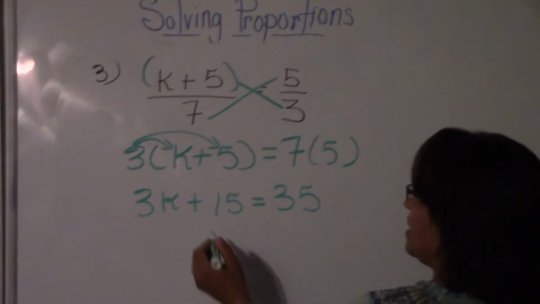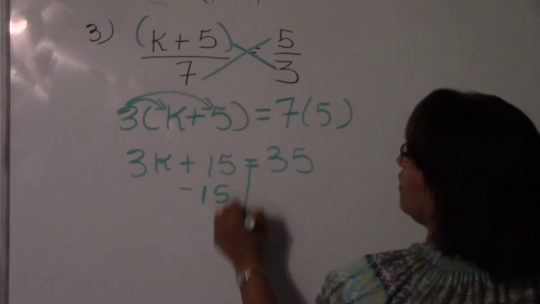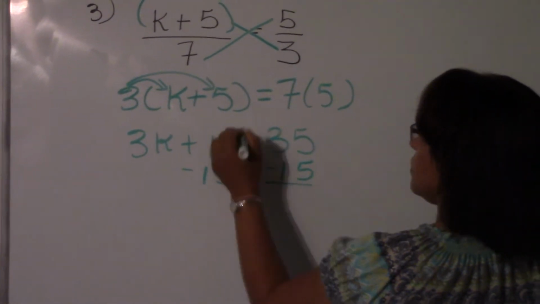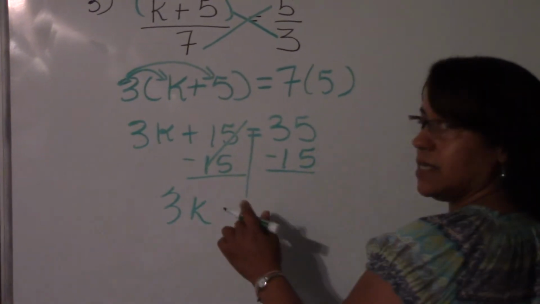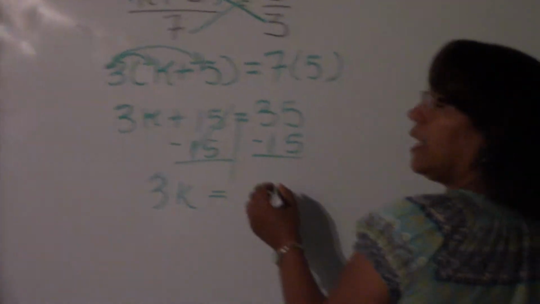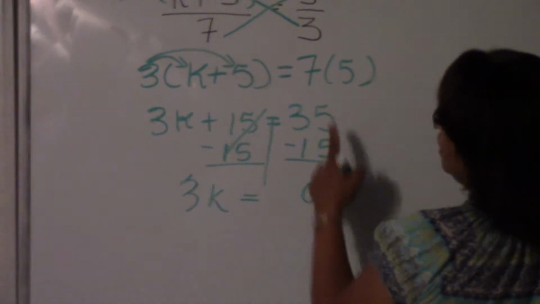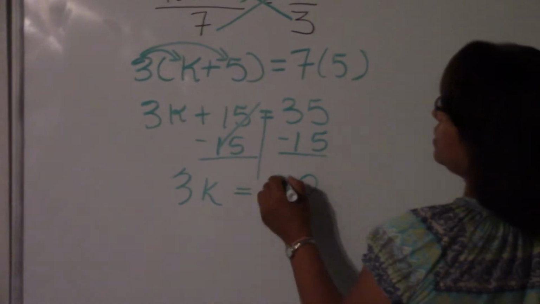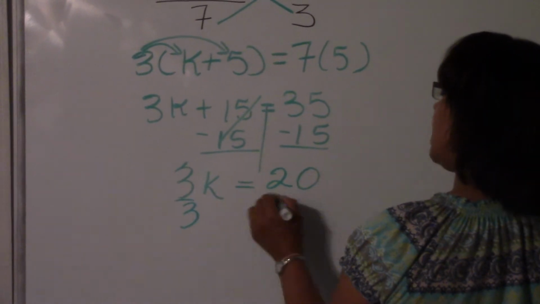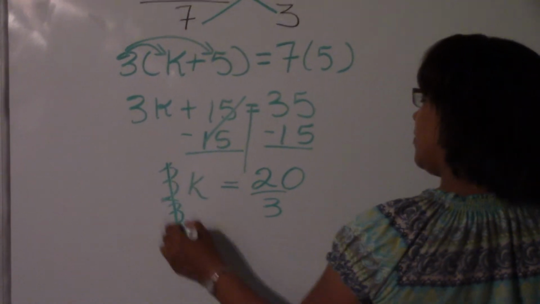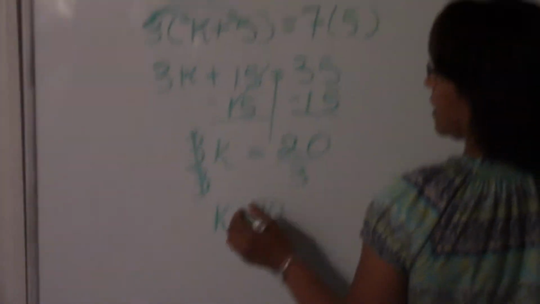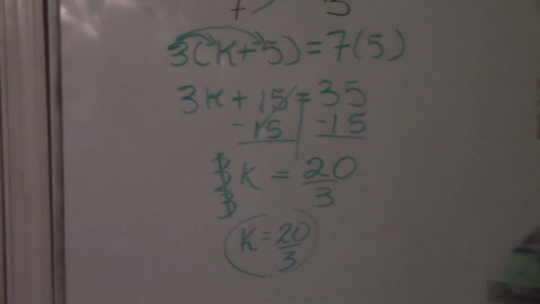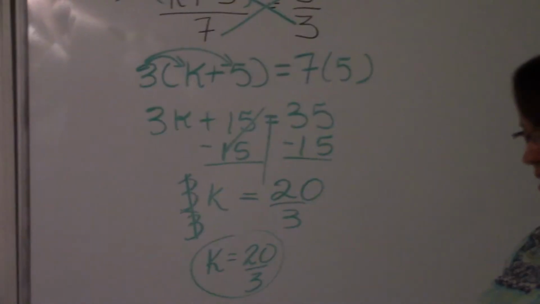Now we're going to go ahead and subtract our 15. So we bring down 3k is equal to, and then 35 minus 15, 5 minus 5 is 0, 3 minus 1 is 2. Divide both sides of the equation by 3, so you can get rid of that 3. So now we're looking for 20/3. And that's k.